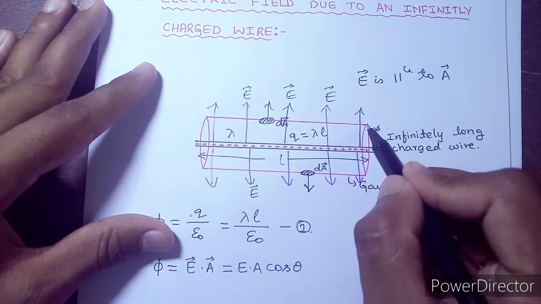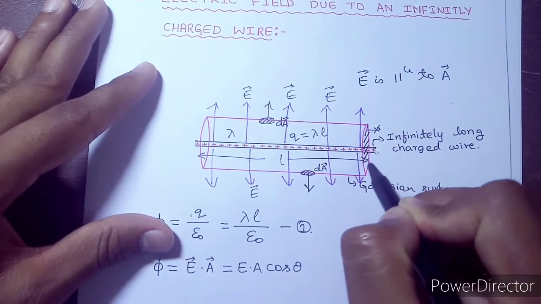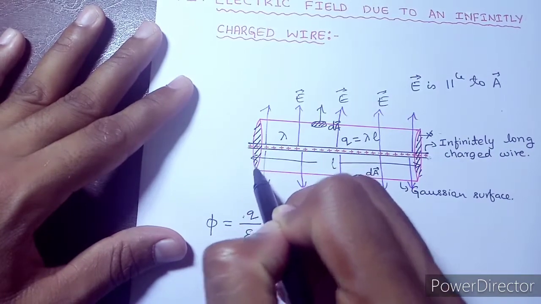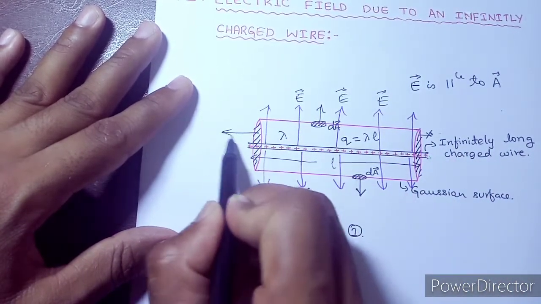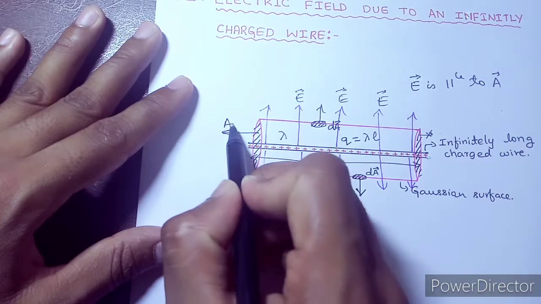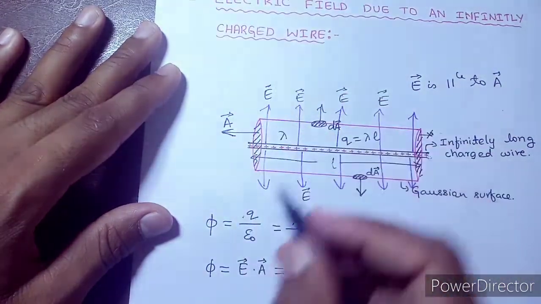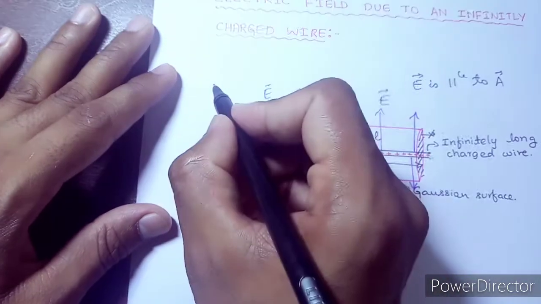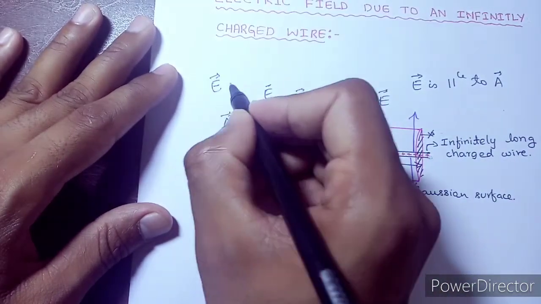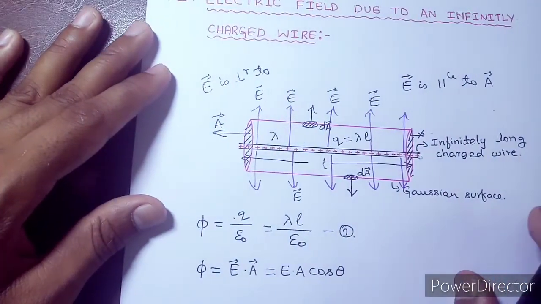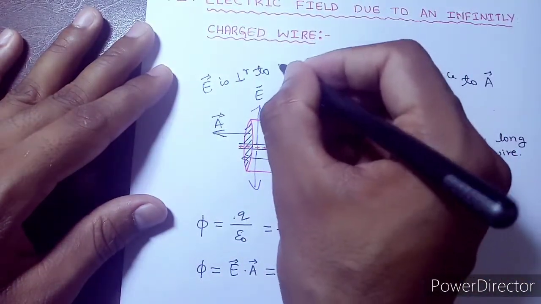Here, if you consider this surface area or this side at the ends of this Gaussian cylinder, area vector will be in this particular direction and electric field is in this direction. So at the end surfaces, electric field is perpendicular to area vector.